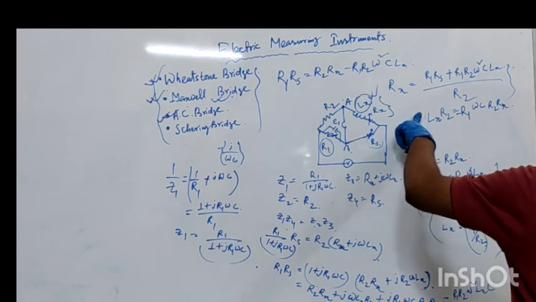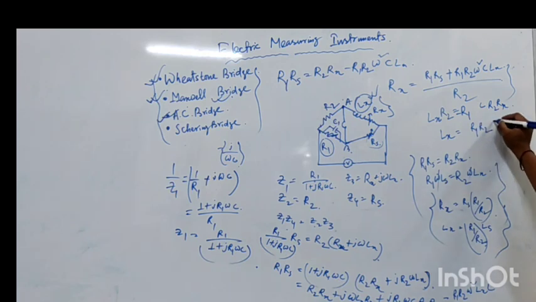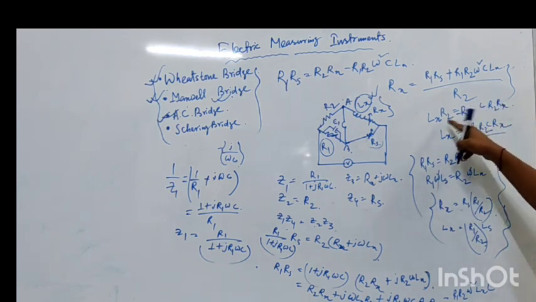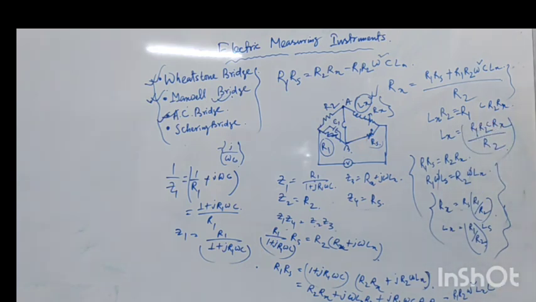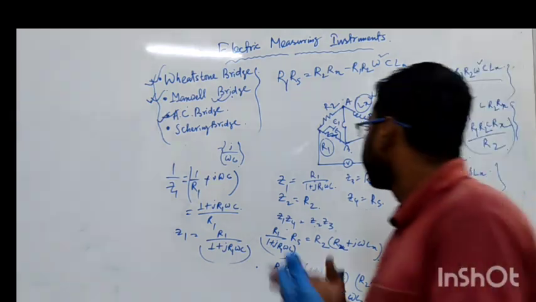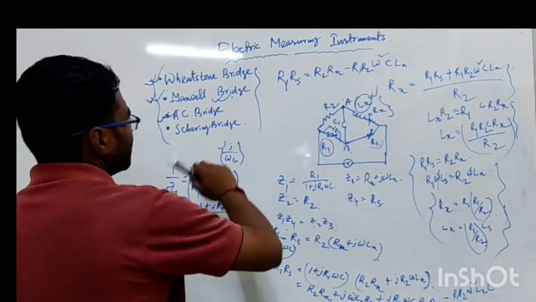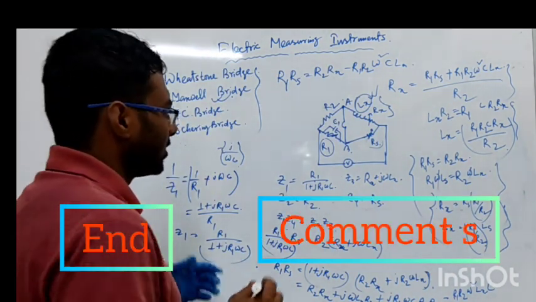So it is independent of omega. So from here we can get Lx equal to R1 R2 C Rx divided by R2. So from that we can get the unknown impedance of the inductor. So here also we can use the headphone to check the null condition. So this is the thing about the Maxwell bridge. So we can finish.